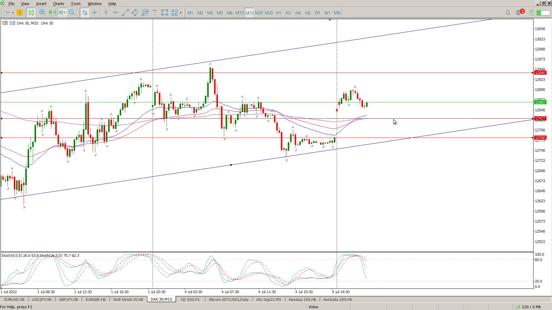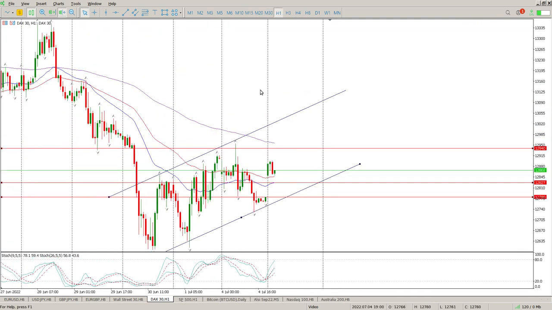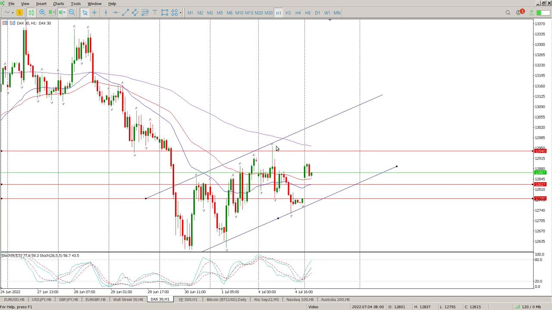If we do find support in this zone and we move to the upside, there's a very strong possibility that we're going to move to the 155 EMA on the 1 hour. Personally, I think that is a great shorting area. So somewhere inside here, you can see all these tails here. Somewhere inside there is going to be a fantastic area for shorting, which would also be top of the channel.